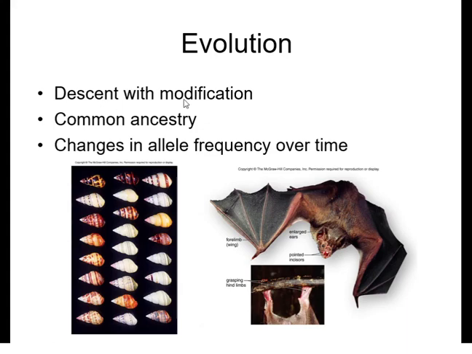Remember, it is descent with modification, common ancestry, and changes in allele frequency over time. Basically, these are all ways in which we describe how alleles get transmitted from one generation to the next over time. And because of mutations that continue to arise, you get these modifications that occur generation after generation, and you see this common ancestry amongst many of these species.